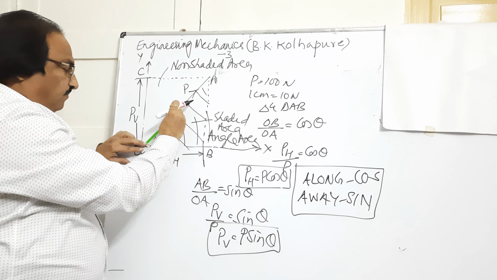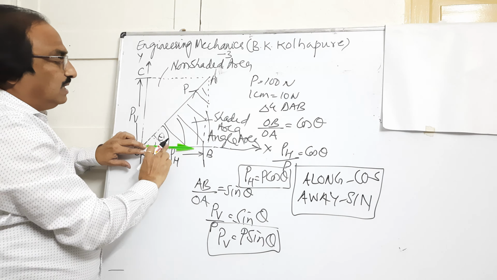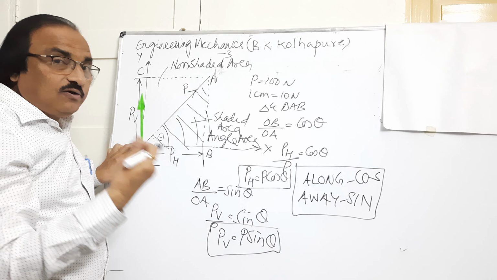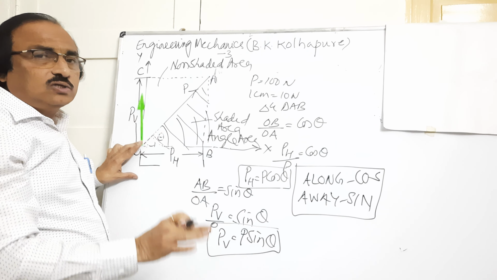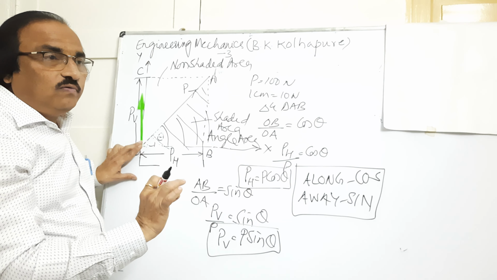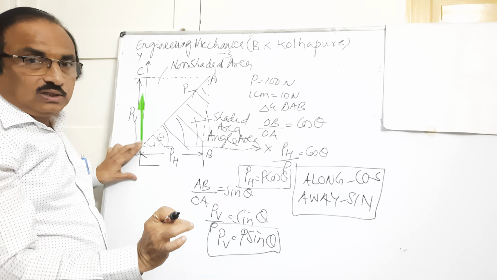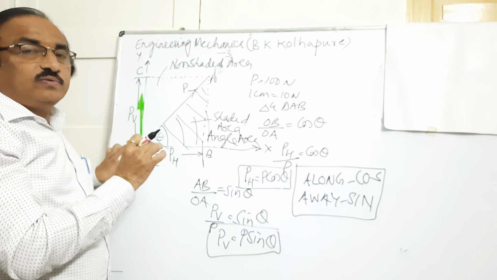Now, if I resolve the force horizontally, it is along the angle, so it is cos. If I resolve the force vertically, I am going away from the angle, so we call it sine. Now, whenever we resolve the force, we will not say horizontal or vertical. We always say along or away. Whether you are going along the angle or you are going away from the angle.